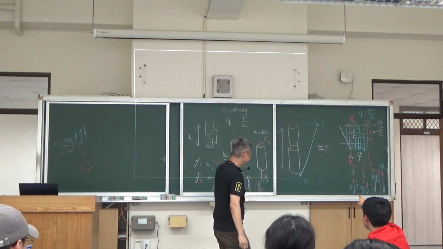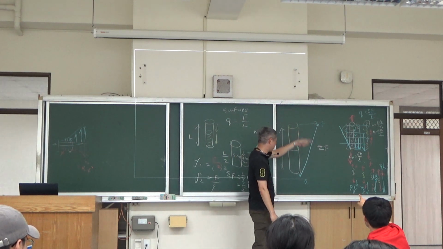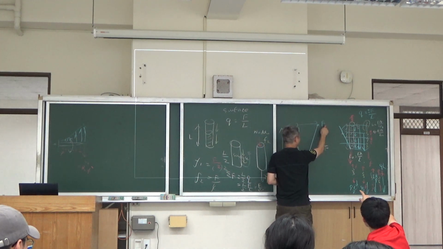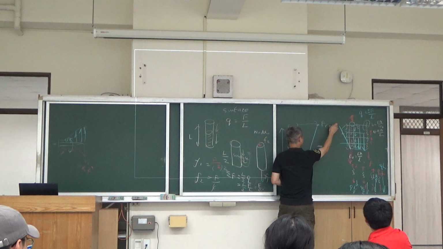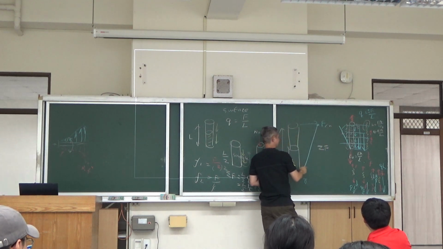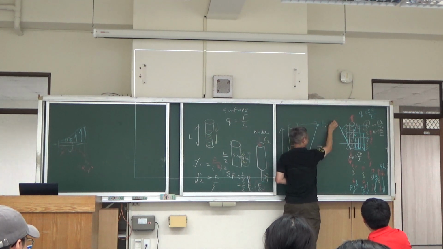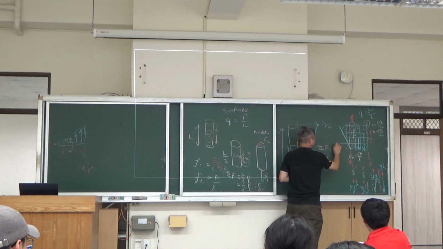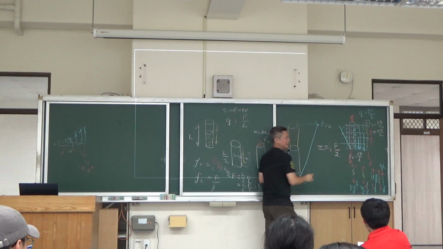The total, sorry? Yeah, the total. No, total. Yeah, if this is a magnitude, and 0, this is f per length, okay? 0.5. Yeah. Right, this is half. Okay?